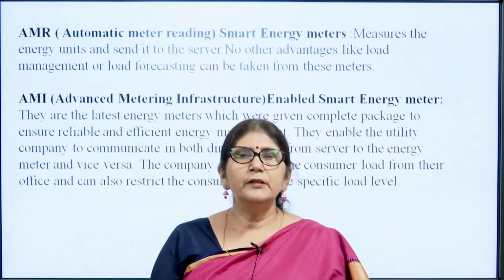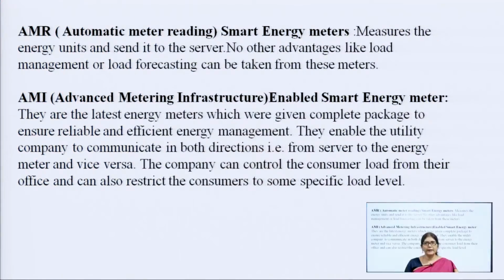First is the automatic meter reading, AMR, smart energy meter. This meter only measures the energy units and can send them to the server. They do not have a facility of communication between the utility office and the meter.